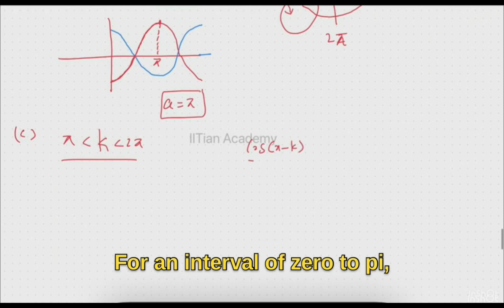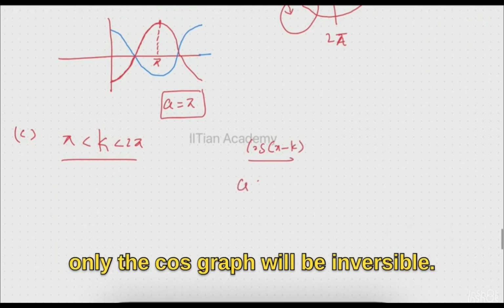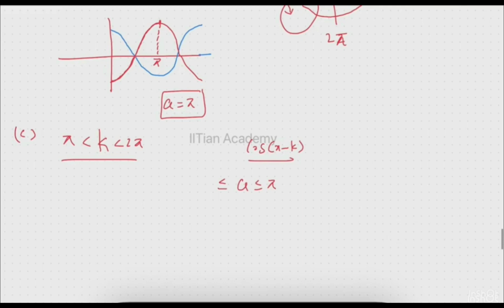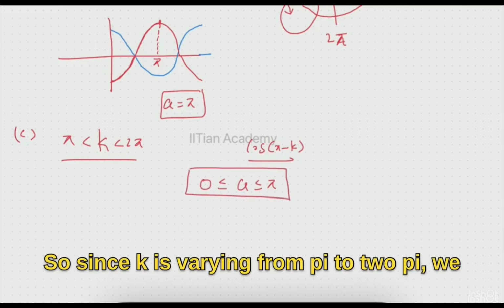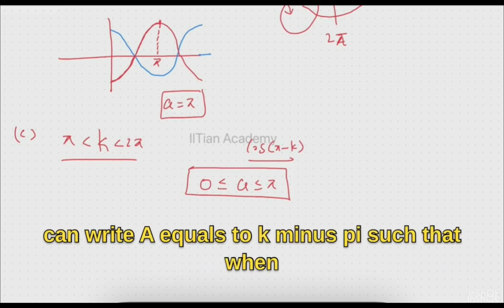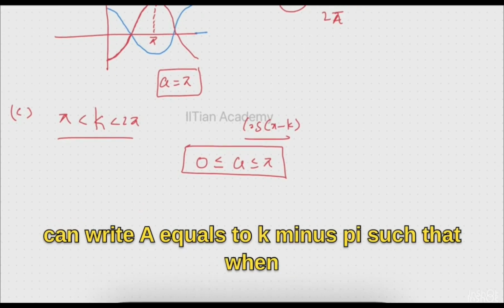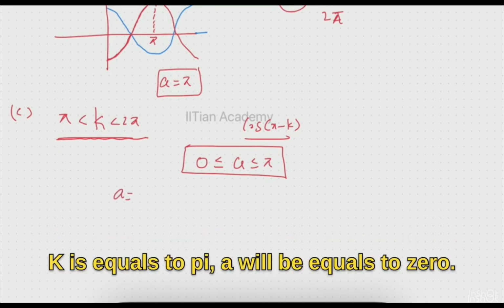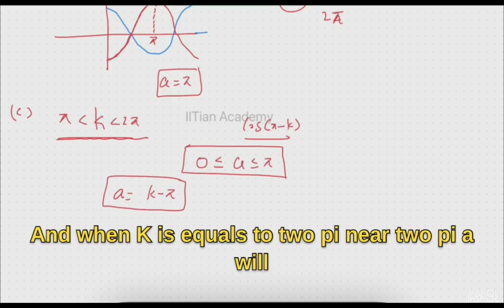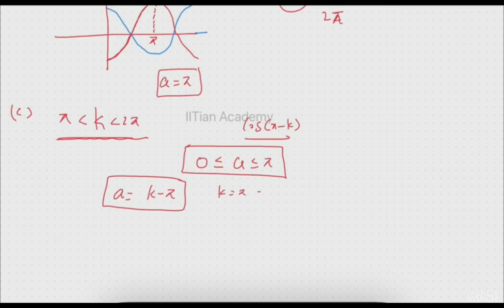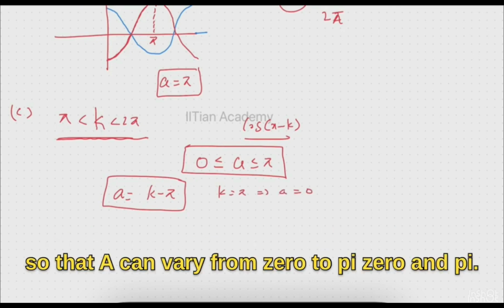For an interval of 0 to pi only, the cos graph will be invertible. Since k is varying from pi to 2 pi, we can write a = k − pi, such that when k equals pi, a will be 0, and when k is near 2 pi, a will be equal to pi. So that a can vary from 0 to pi.